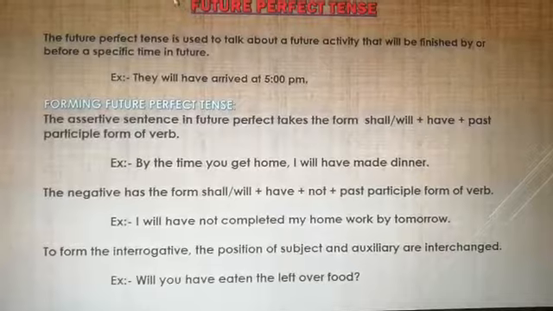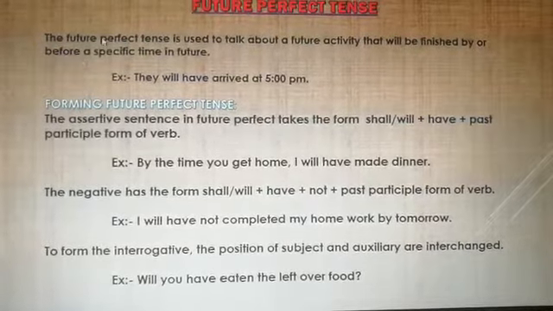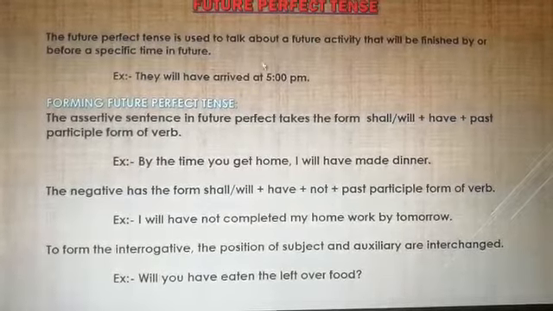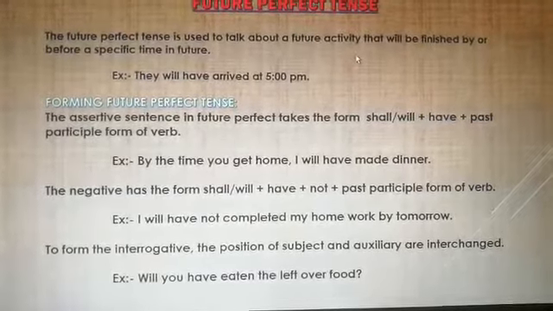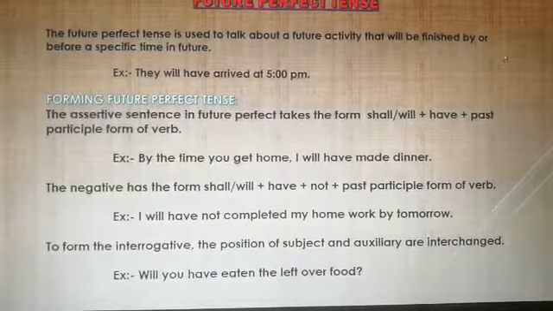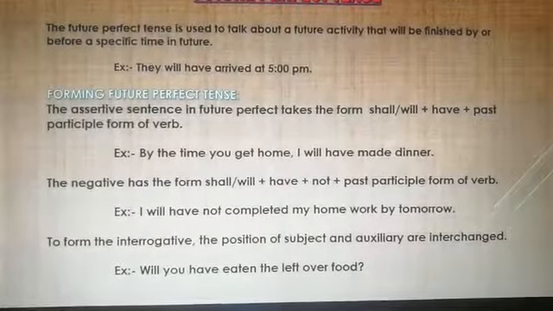So, what is future perfect tense? The future perfect tense is used to talk about a future activity that will be finished by or before a specific time in future.